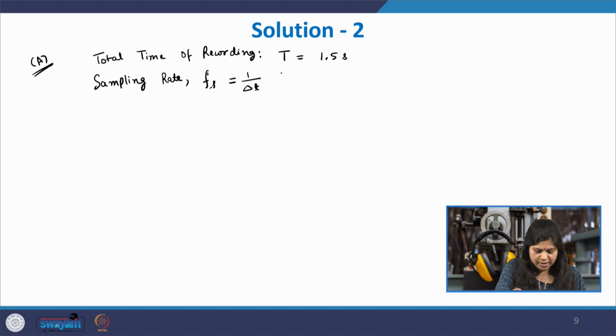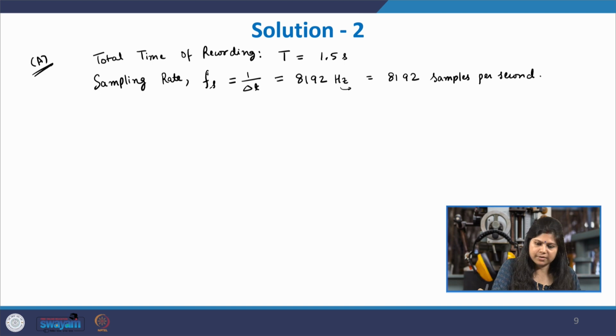So, this is delta t and this would be 8192 Hertz, and what is Hertz? We simply get 8192 samples per second. So, Hertz means that. Okay.